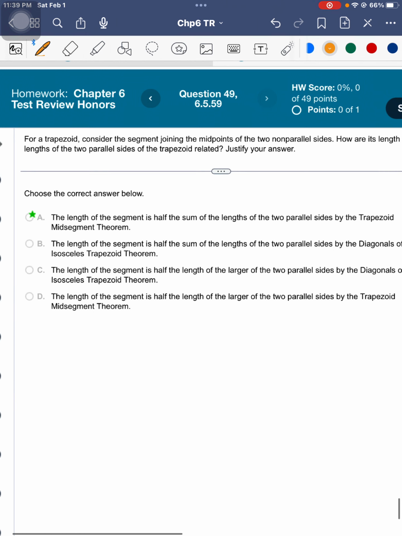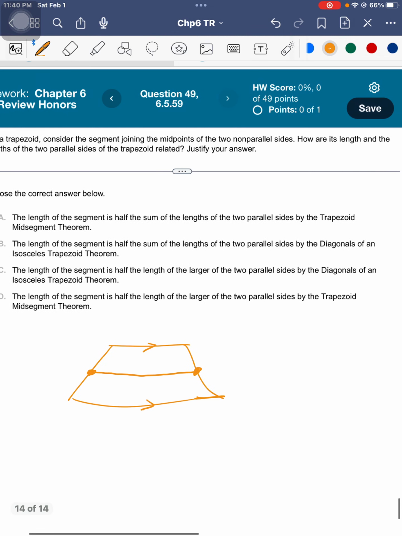And last one. For a trapezoid, consider the segment joining the midpoints of the 2 non-parallel sides. So midpoint, midpoint, joining.